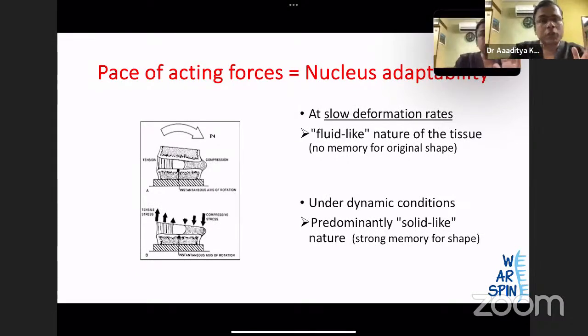So this nucleus is very peculiar in terms of adaptability. If a slow-pace force is acting on the disc, then it takes a fluid-like nature which has no memory of the original shape. Whereas whenever a dynamic force is acting on the disc, it attains a solid-like structure, which has very strong memory for the shape.